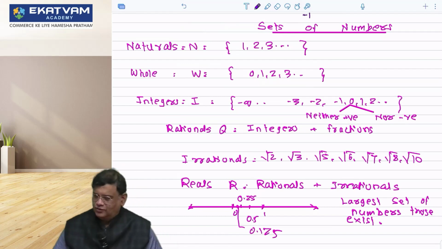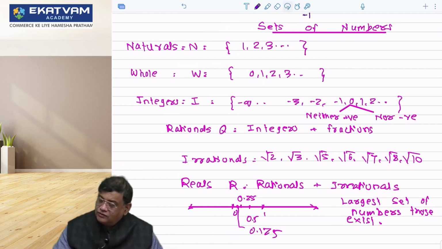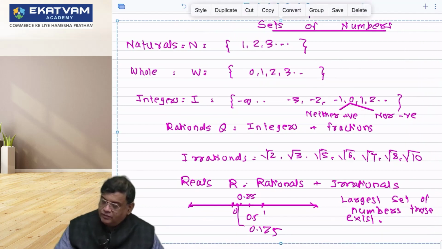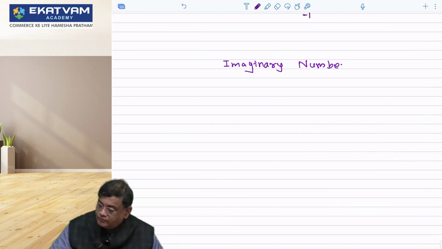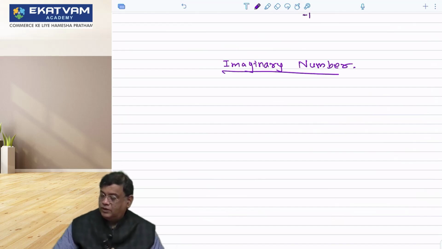Very nice. Now give the second heading, imaginary number. Fictitious means imaginary. So this is the imaginary number.